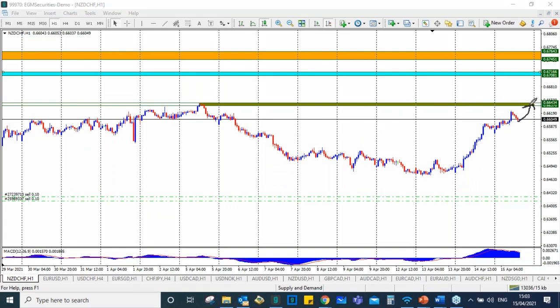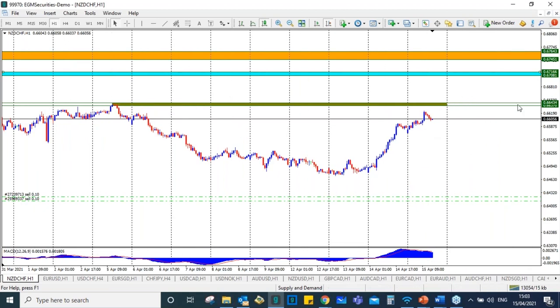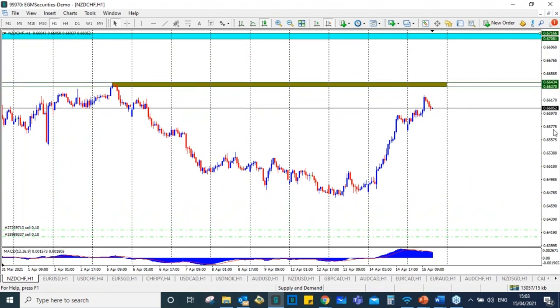So if the price retests this zone and has a reversal to the downside, then that would offer a nice opportunity to sell. However, it doesn't mean that it's a must to have this zone retested. So price can come and burst upwards and proceed to move higher and higher.